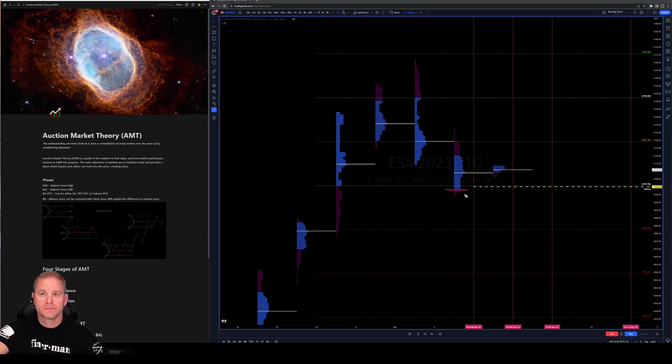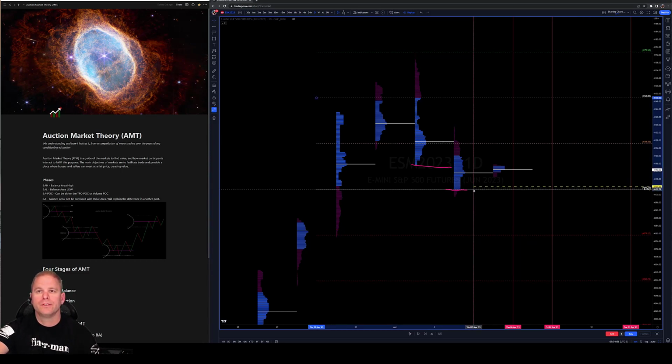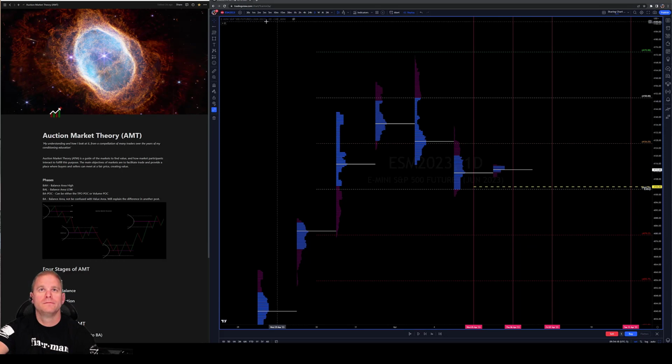Since I do have overlapping value with this one, my balance area just got expanded a little bit. So I pull this down, and now my boundary is a little bit bigger, and it puts that level that I was interested in a little bit higher. So this is my new balance area.